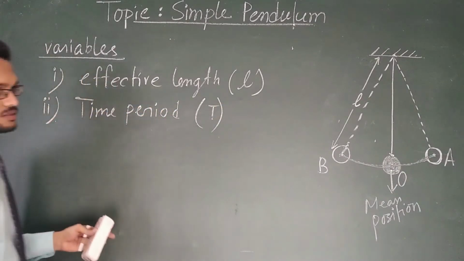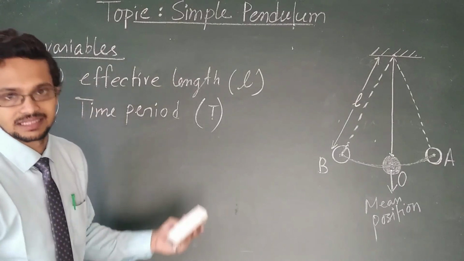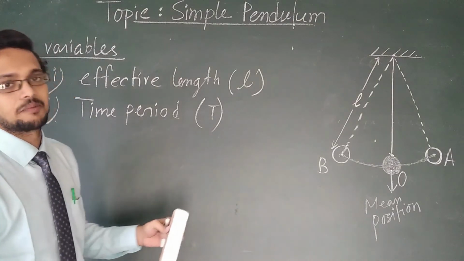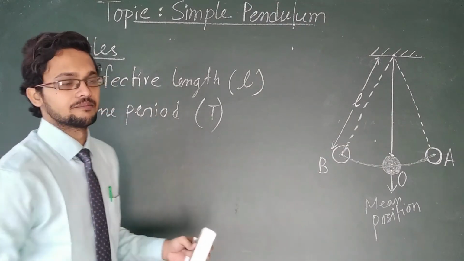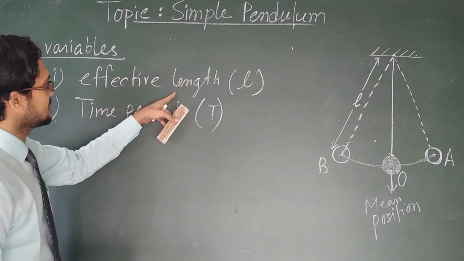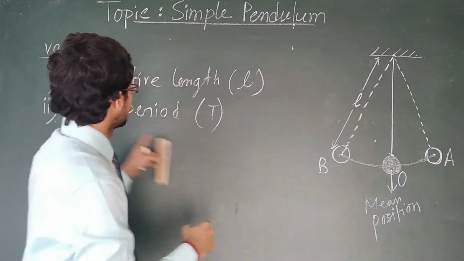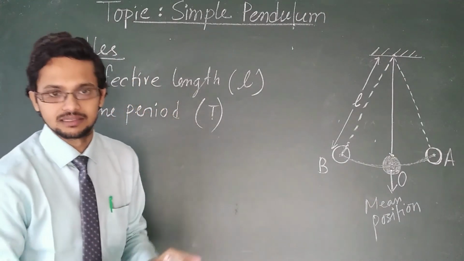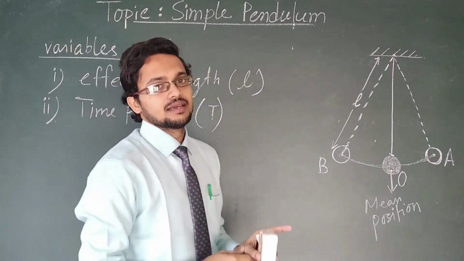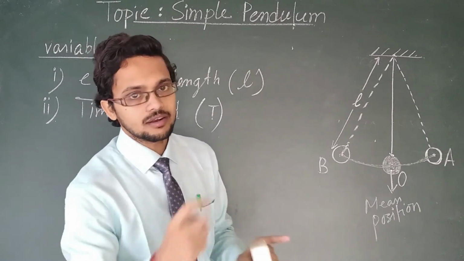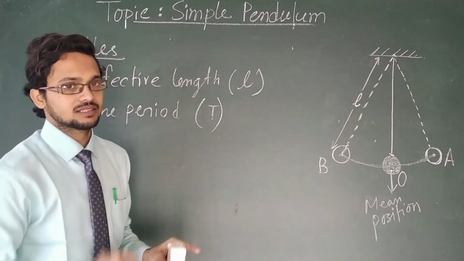So these two things we can measure. Then after that we will find another new thing that we cannot measure easily. If we change the effective length, we will see that the time period is changing. At the beginning we will not take the time period once.